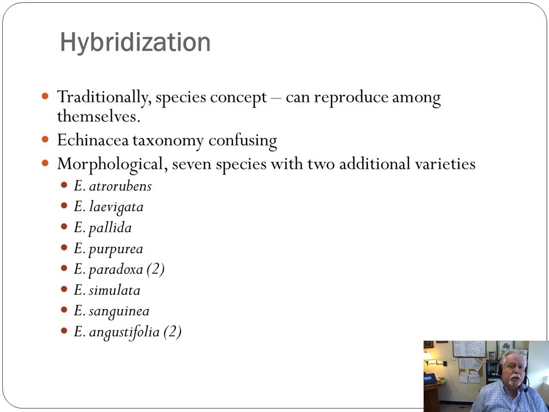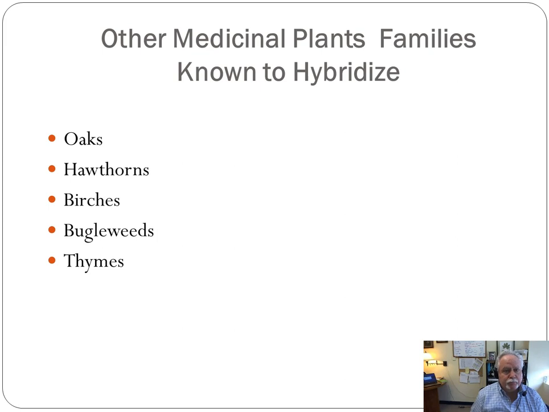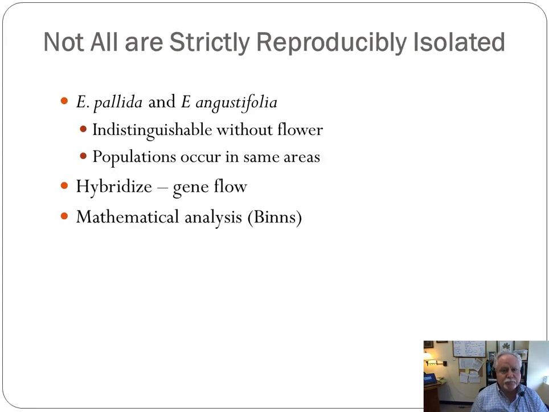But we know that things happen on a genetic level where you actually have plants that hybridize, so oaks and hawthorns and birches and bugleweeds and thymes that begin to, if they're in proximity with each other, they actually can cross or mate, and you begin to get gene flow altering the phytochemical signatures.